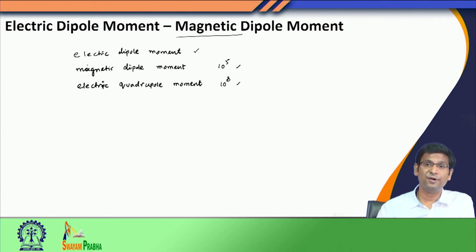But they become very important when, for some reason, the symmetry does not allow an electric dipole transition. In those cases the electric quadrupole moment or magnetic dipole moment can come into the picture, because these two follow different selection rules compared to the selection rules that we discussed for the electric dipole moment.